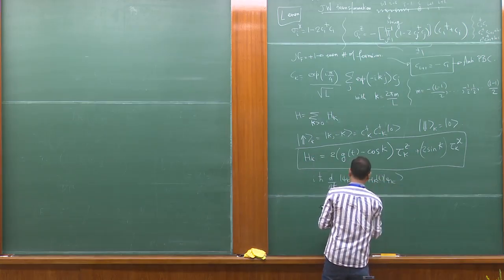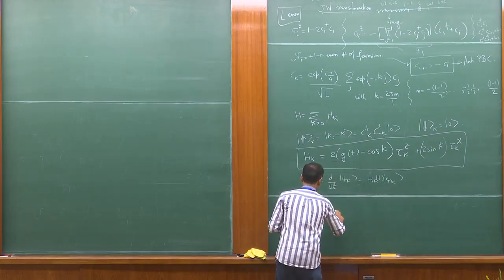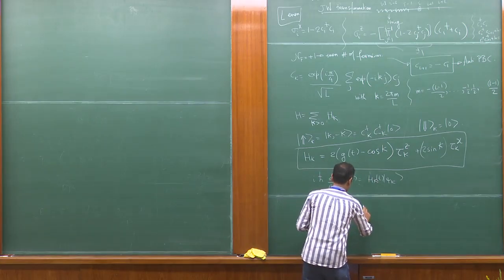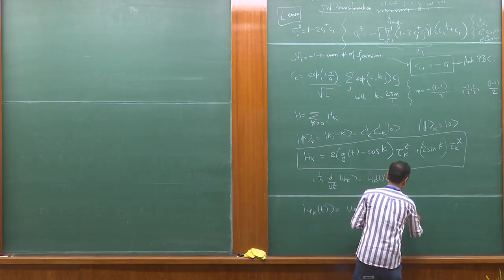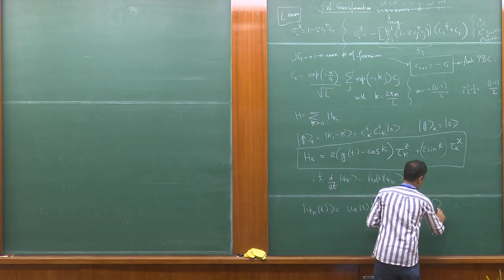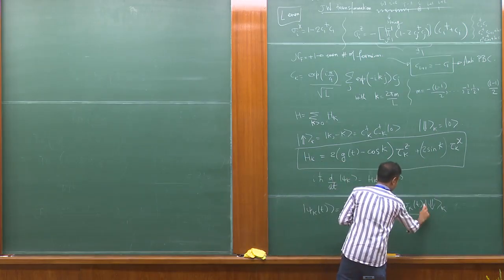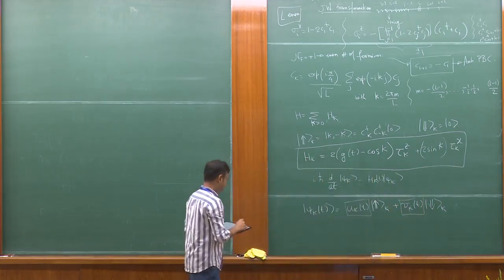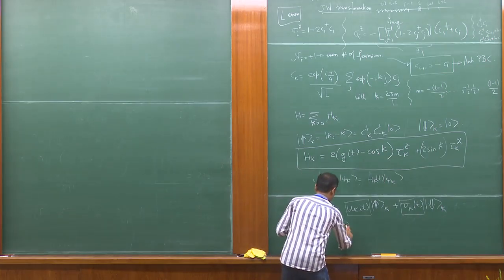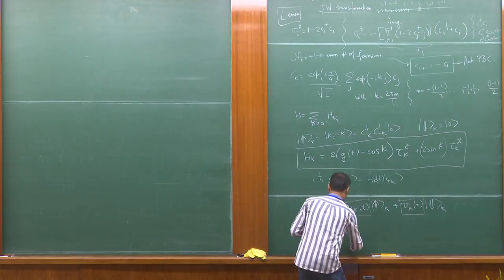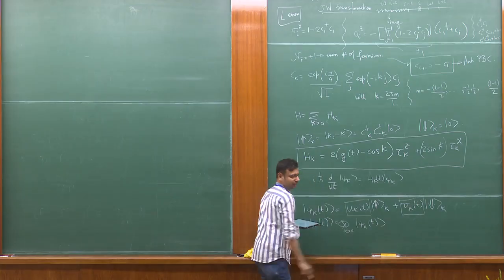And this is time dependent in general. And then the full wave function is, of course, u_k(t) up plus v_k(t) down. Okay, so the aim is to find these guys, right? And then the full wave function is nothing but a tensor product of all these guys. But see, I'm just doing k greater than 0, right?